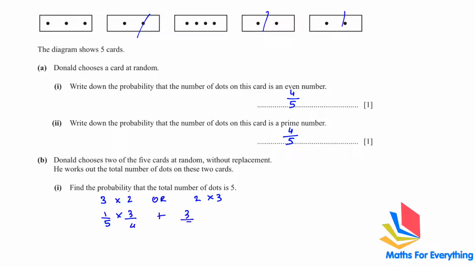So 3 over 5. Or it could be 1 over 4. Again the same reasoning. We removed one card, so the total number of cards is less. And when you put this in the calculator, you will get 6 over 20, which is 3 over 10.